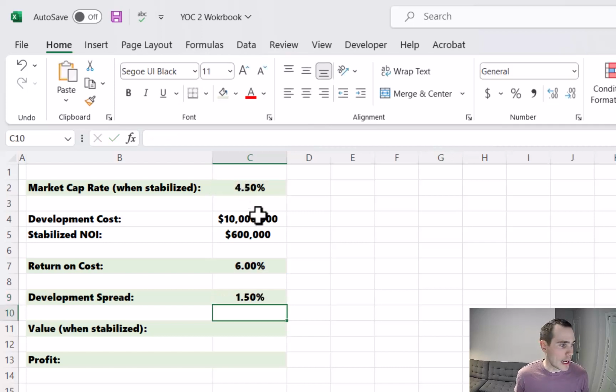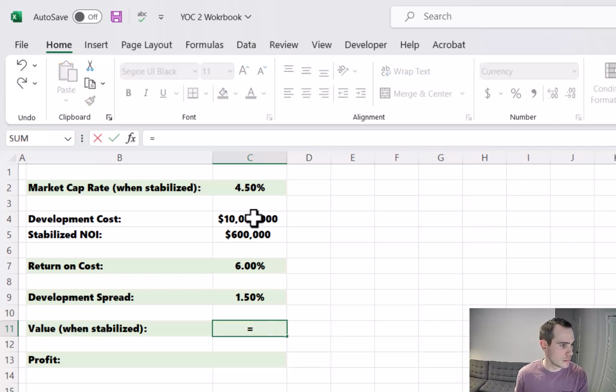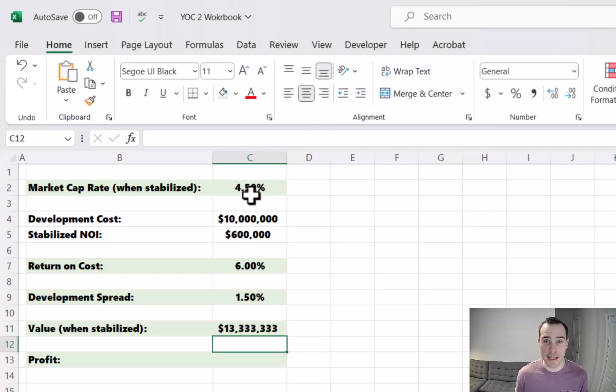We know that the project costs $10 million to construct. Assuming you could sell the $600,000 NOI at a 4.5% cap would result in sale proceeds of $13.33 million.